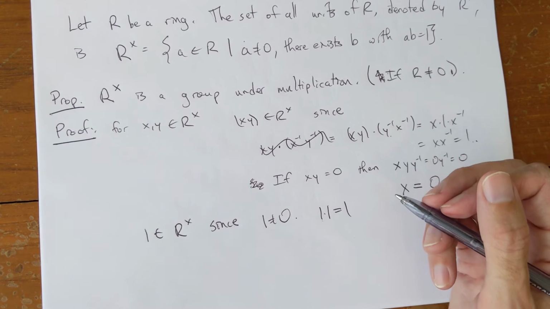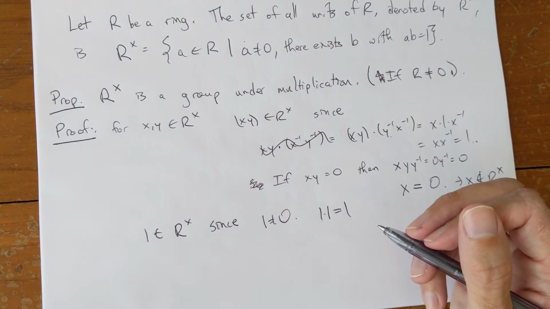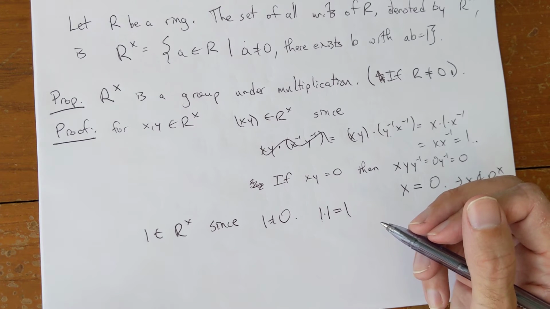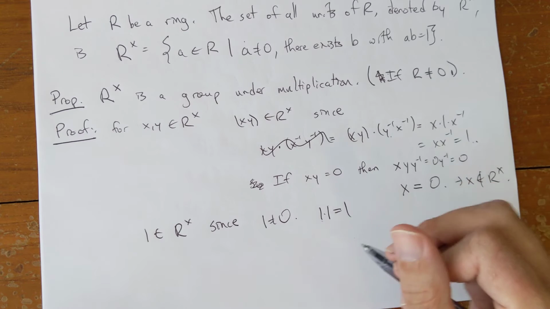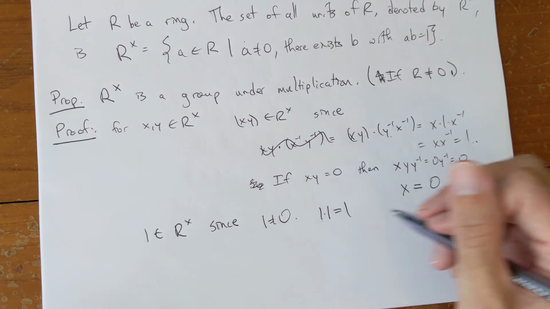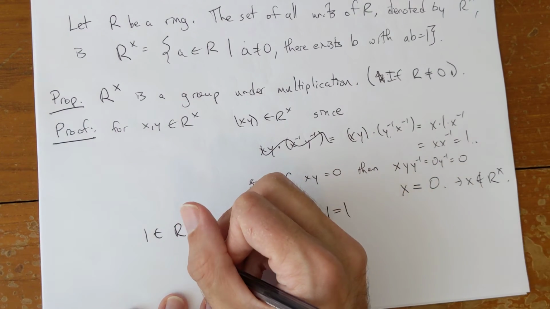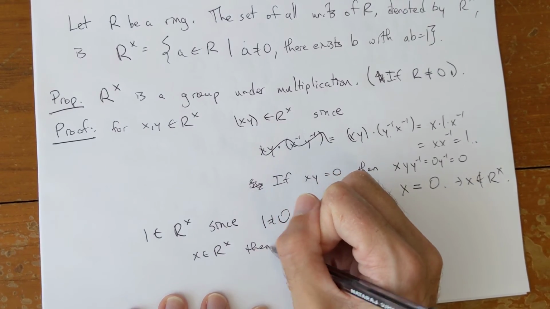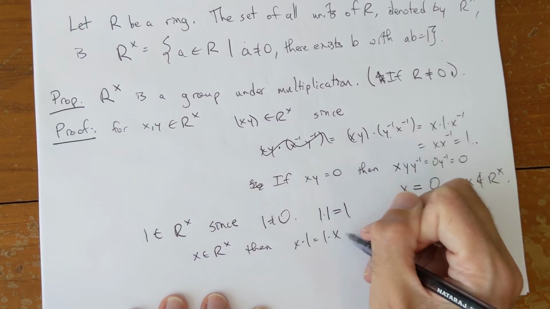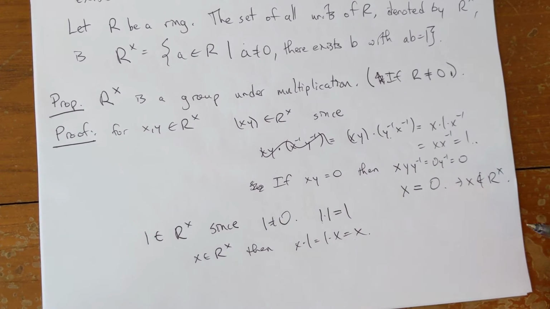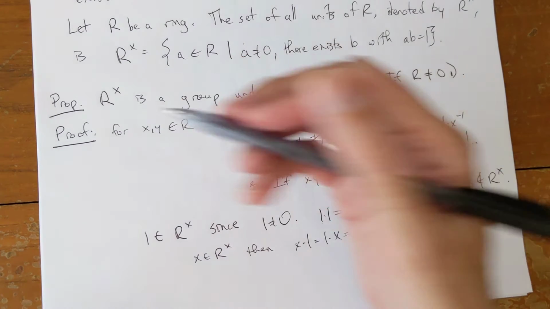Okay, so this R cross is closed under multiplication. Now we have a multiplicative identity. So if x is in R cross, then x times 1 equals 1 times x equals x. Okay, and then the other properties of the group laws all follow from just the axioms of a ring.